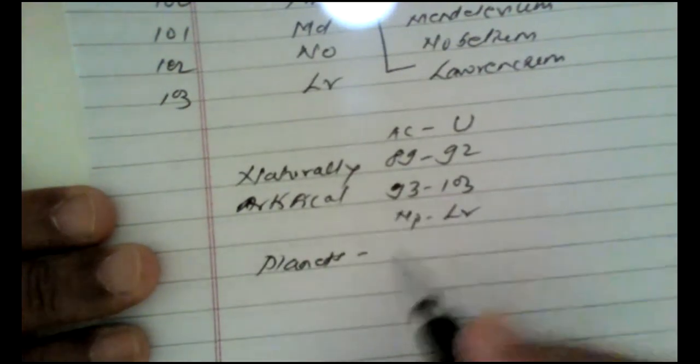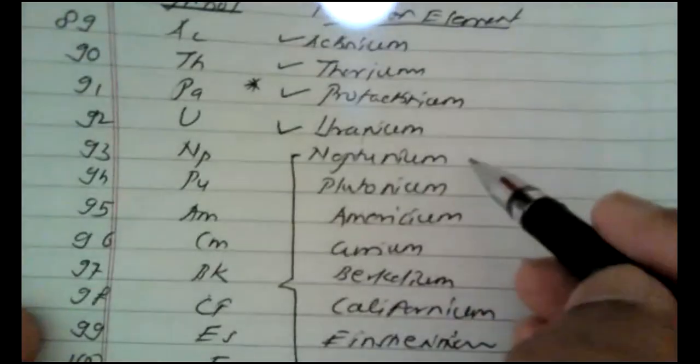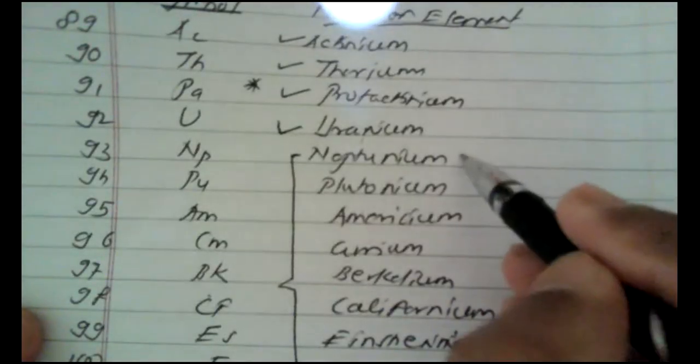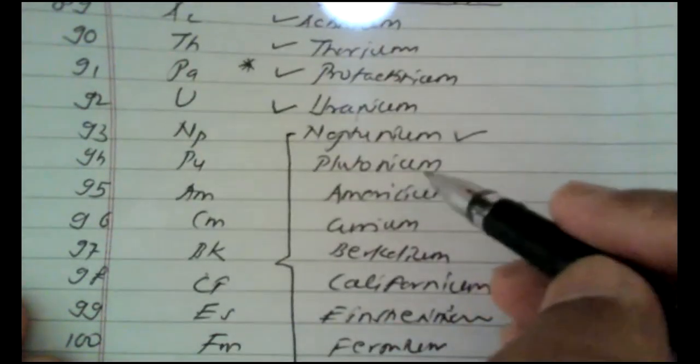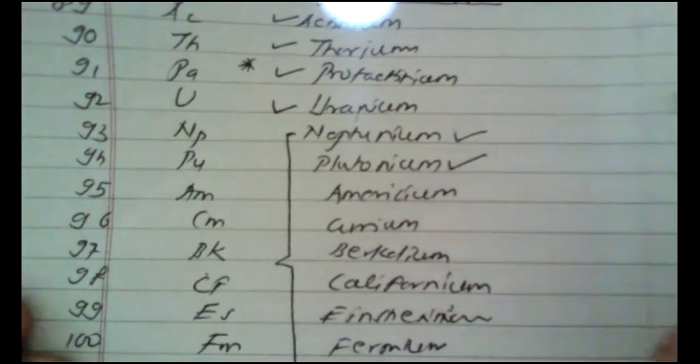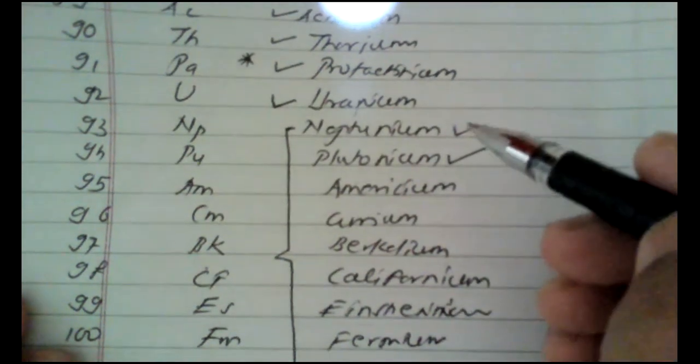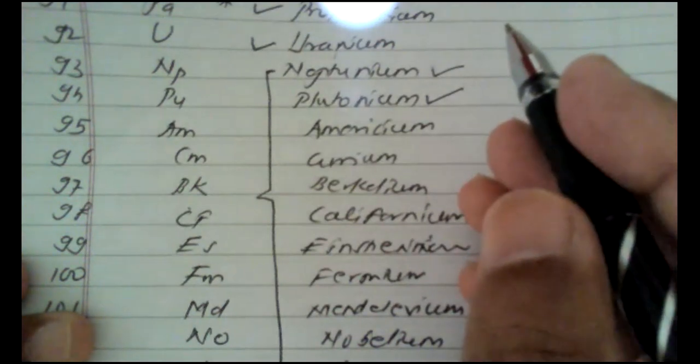For example, Neptune is a planet, and hence from the name of this planet, the word neptunium is derived. One more planet is Pluto, from which the name plutonium is derived. They gave the names of planets because the names of planets are universal. No double name is there. So Neptune is the only universally accepted name of a planet, from which neptunium is derived. Similarly, from Pluto, the name is derived as plutonium.